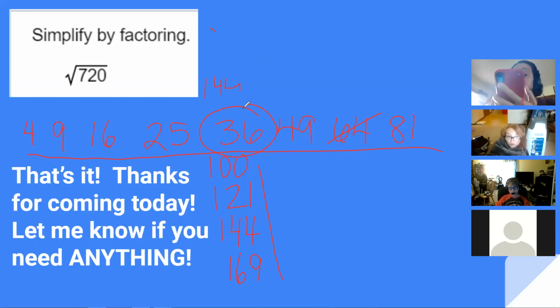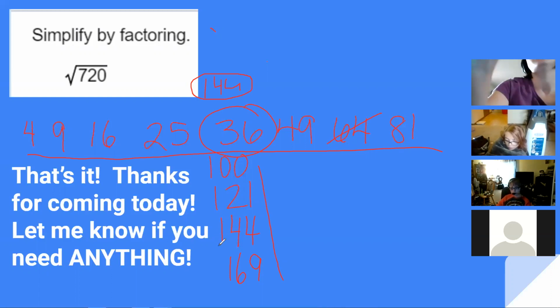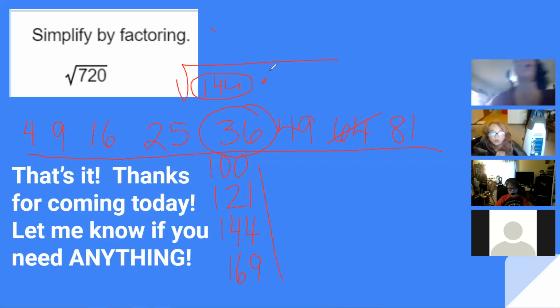144, does that work? 720 divided by 144. Yay, you're right. Good job. That's definitely going to be the biggest. So 144 times what gives us 720? 5, yeah. And the only one that you can take the square root of is the 144.